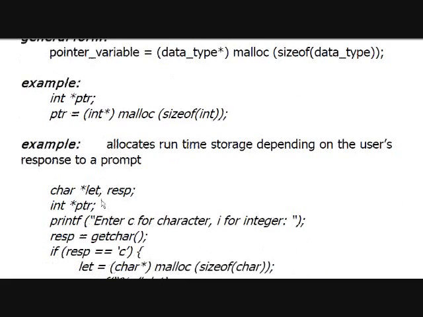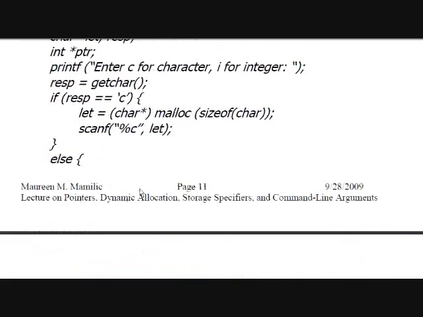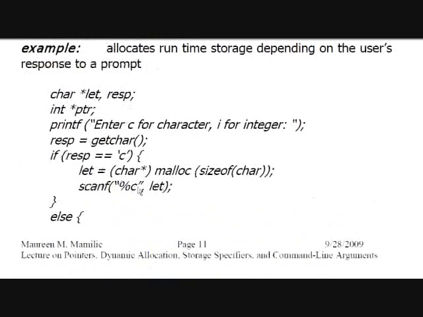Here is an example that allocates runtime storage depending on the user's response to a prompt. Prior to running this code, we do not know yet what data type will be allocated, whether memory for a char or memory for an integer.